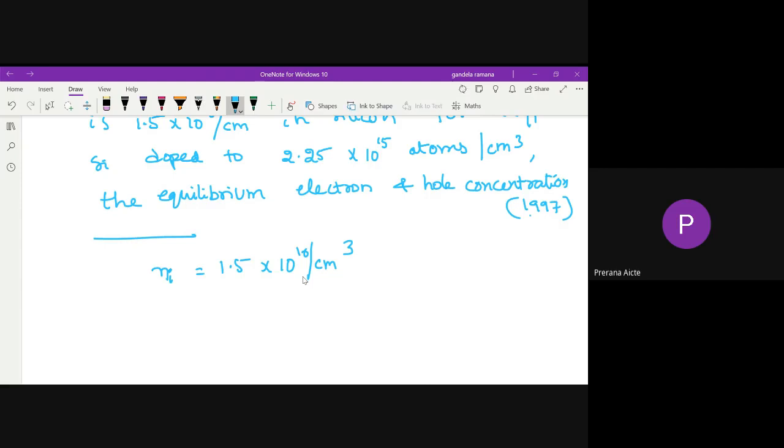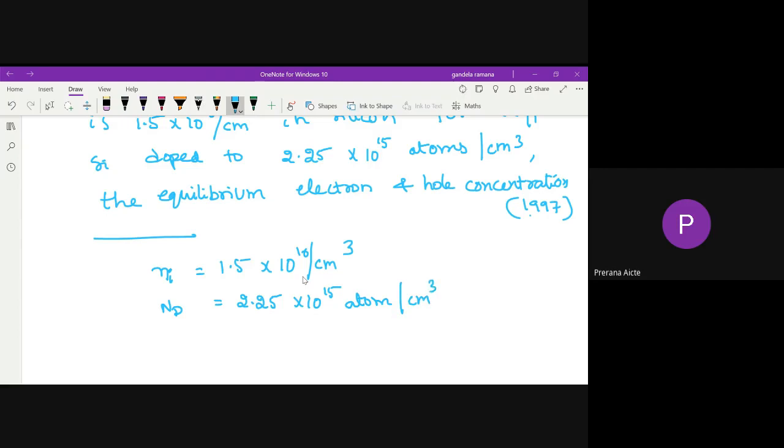N-type silicon doped to 2.25 into 10 power 15 atoms per centimeter cube. So the dopant atoms Nd is equal to 2.25 into 10 power 15 atoms per centimeter cube.